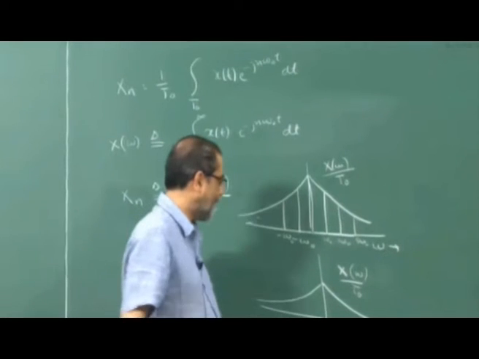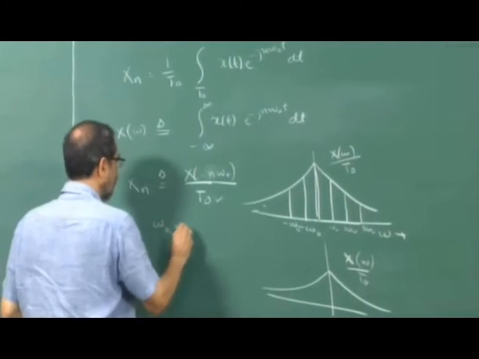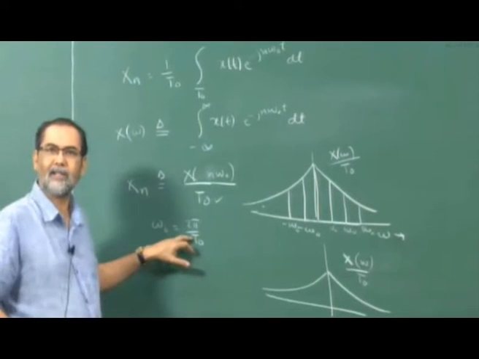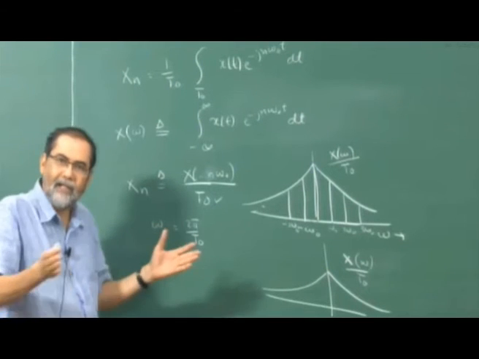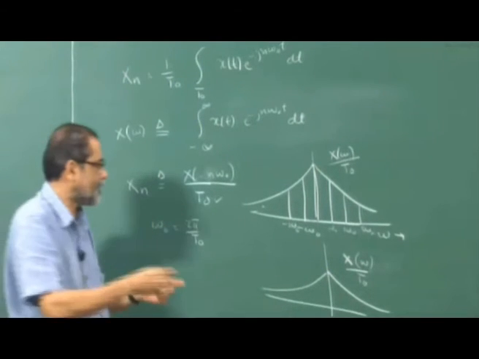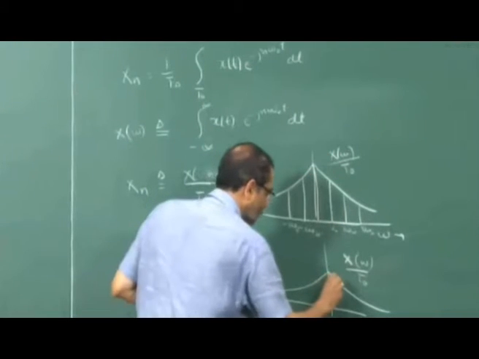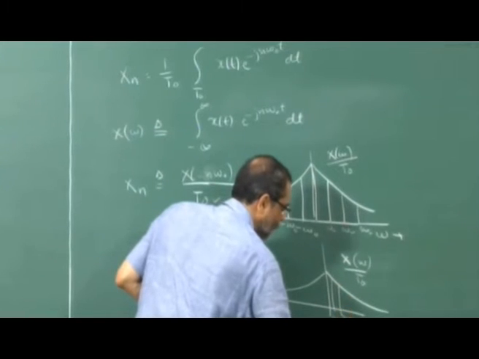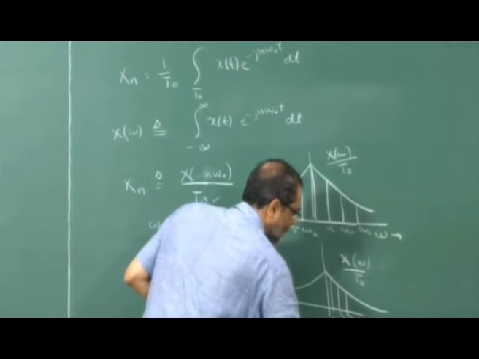Okay, and what happens is omega naught is 2 pi by T naught. If T naught increases by a factor of 2, omega naught decreases by a factor of 2. It comes closer. So here was omega naught for the old value of T naught. Now omega naught moves here. This is omega naught, this is 2 omega naught, this is 3 omega naught, and so on.